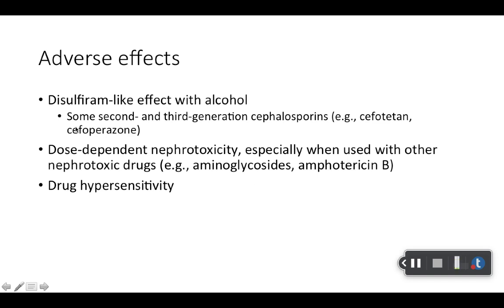And disulfiram is a medication. This is the generic for Antabuse, so it's developed to deter people from drinking alcohol. So you basically have a violent physical reaction when you take Antabuse, which is disulfiram. So these cephalosporins give you that disulfiram-like effect when you ingest alcohol.